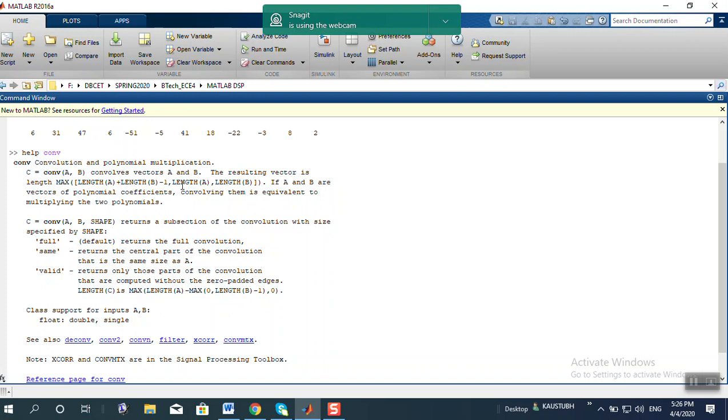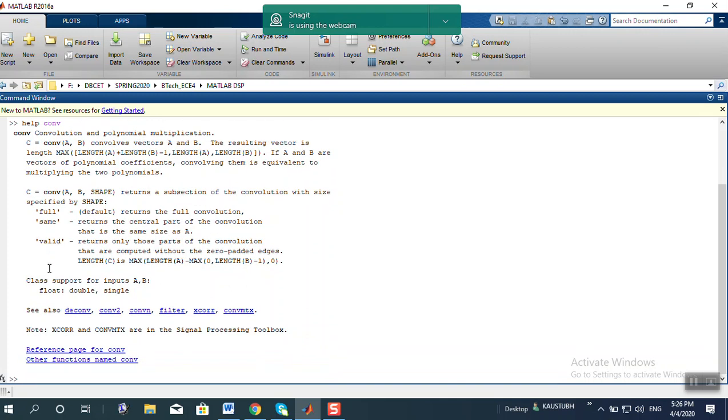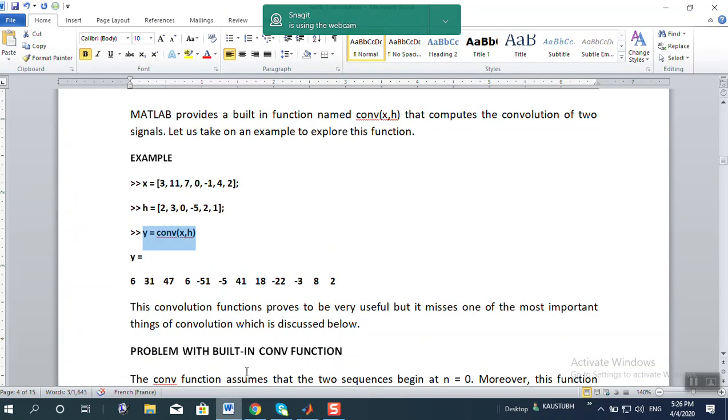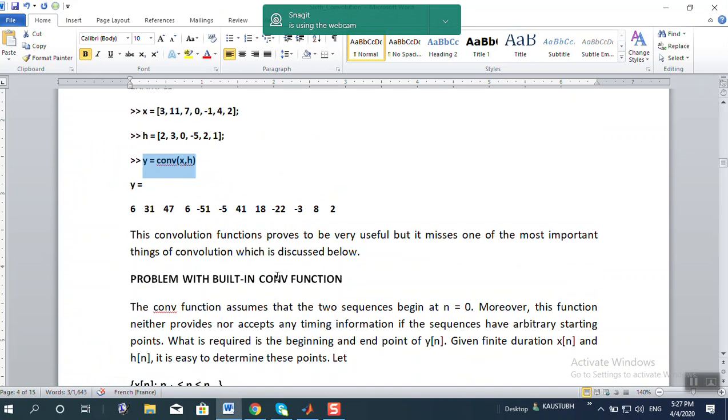If a and b are vectors of polynomial coefficients, convolving them is equivalent to multiplying the two. So there is nothing about time information while using this conv function. That is the deficiency of the built-in function conv.